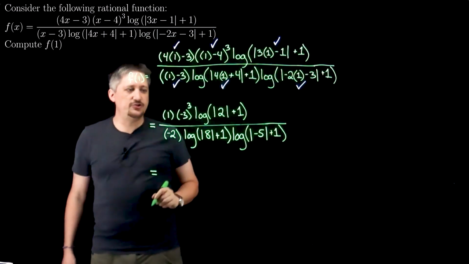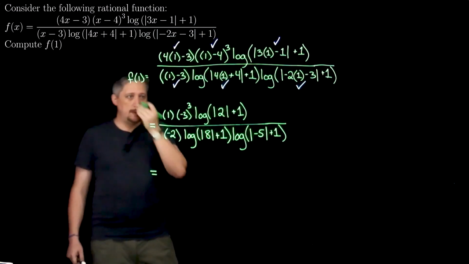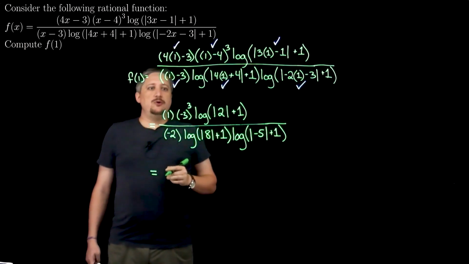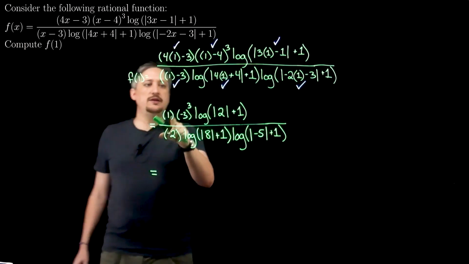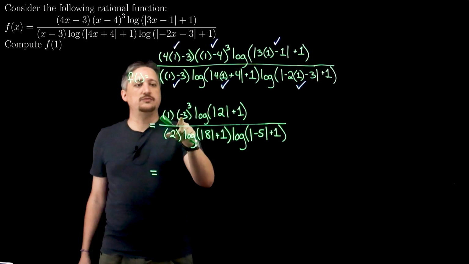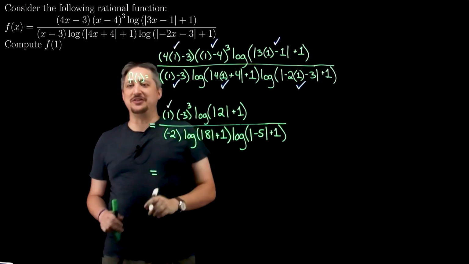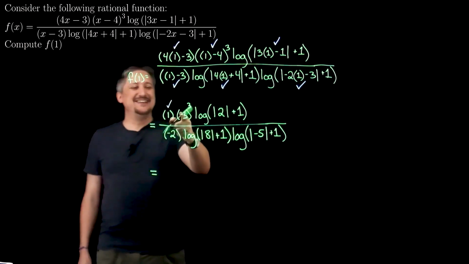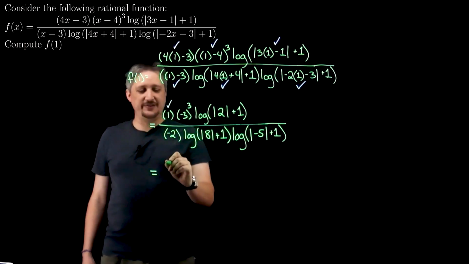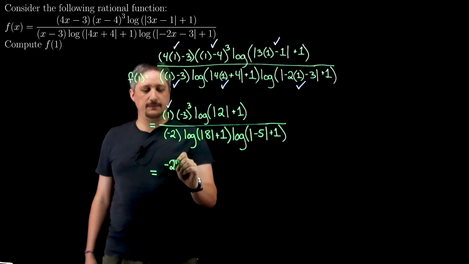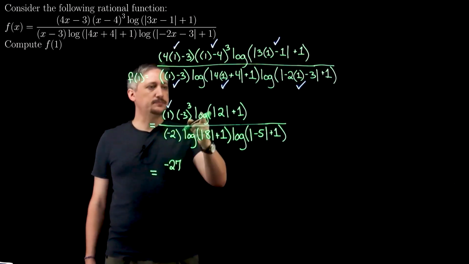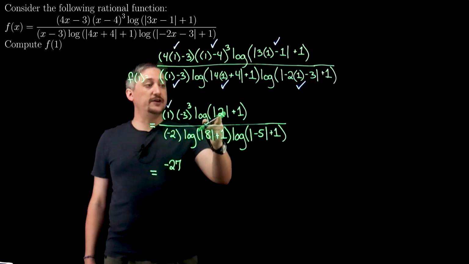Continue on my simplification binge here. So 1 times something does nothing, right? So I don't even have to write anything to claim I've done that. Negative 3 cubed, so this is negative 27. So far, so good. Log of absolute value of 2.